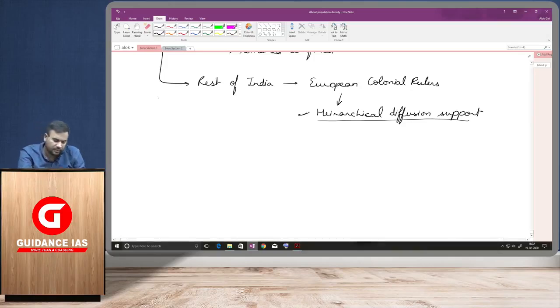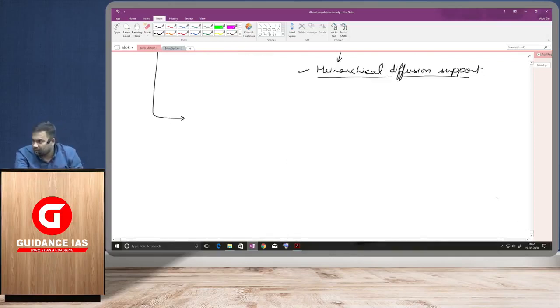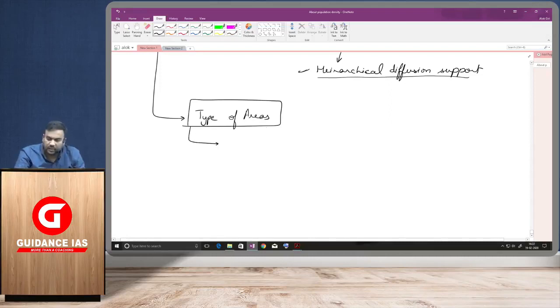So if you look into the spread of Christianity, there are a number of types of areas where it has spread. One type of area is the historical region of Christianity, and it is essentially the Malabar coast.